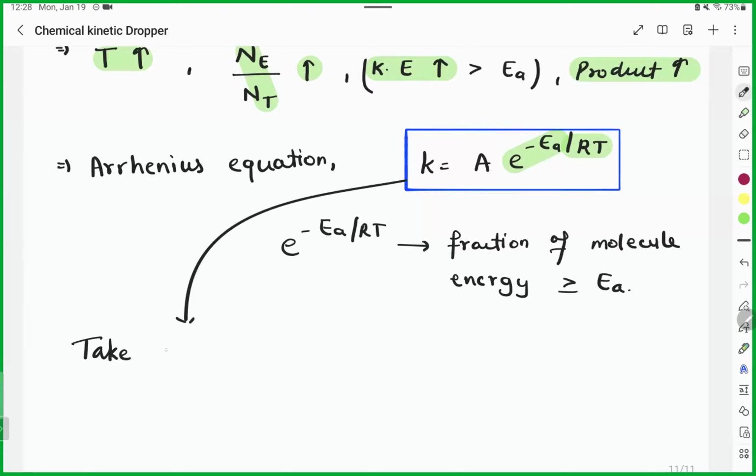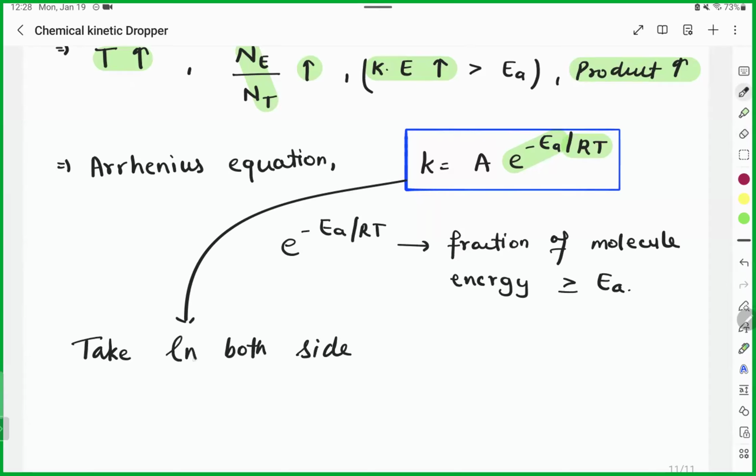Yes. If you take log both sides, then log K will be equal to... no, natural log, because we always take natural log, not log.